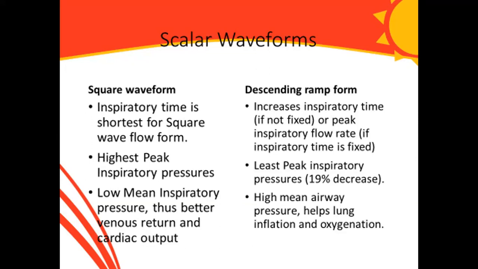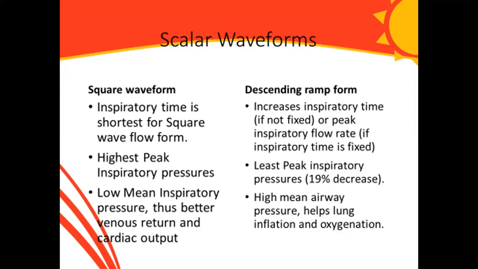It has the highest peak inspiratory flow. The square waveform is better for a hemodynamically unstable patient because it allows for better venous return and cardiac output.